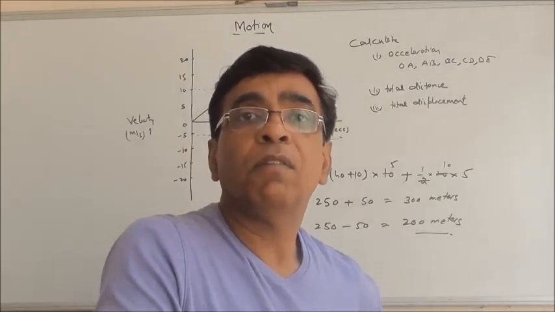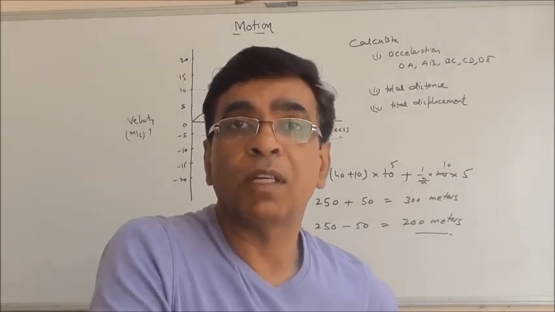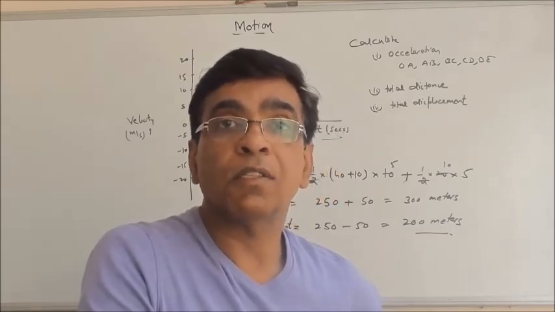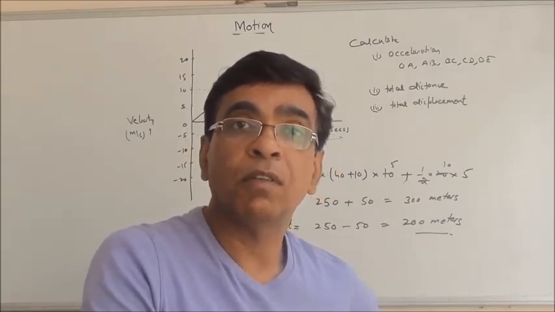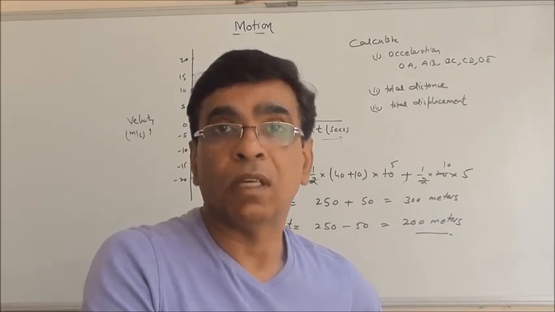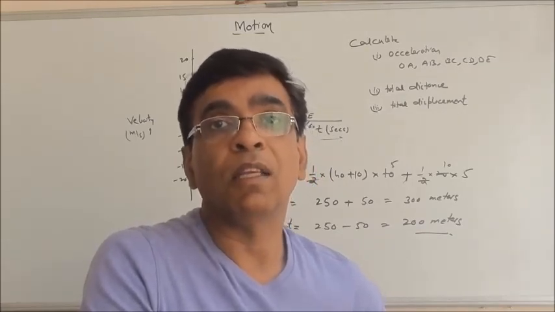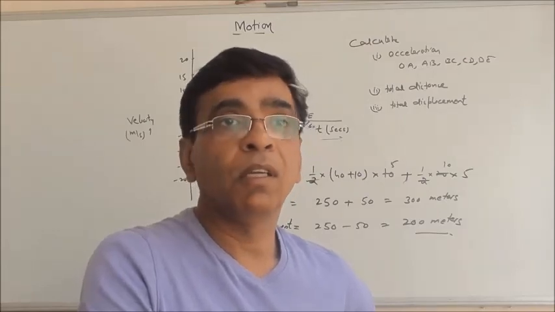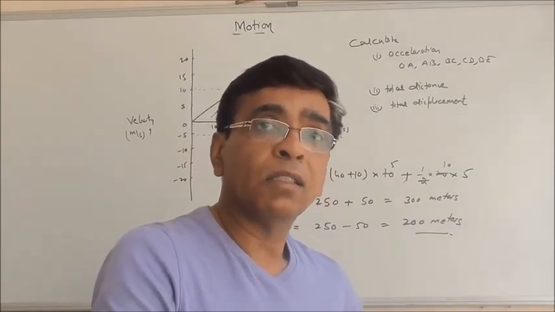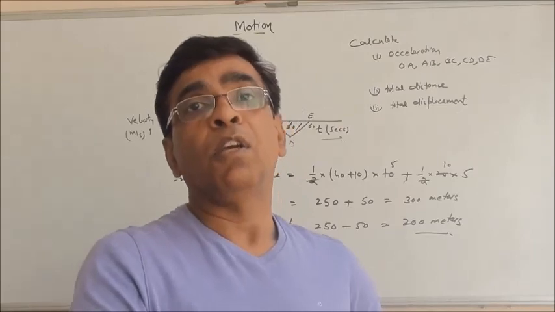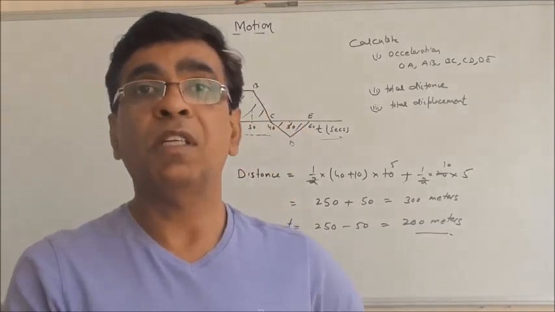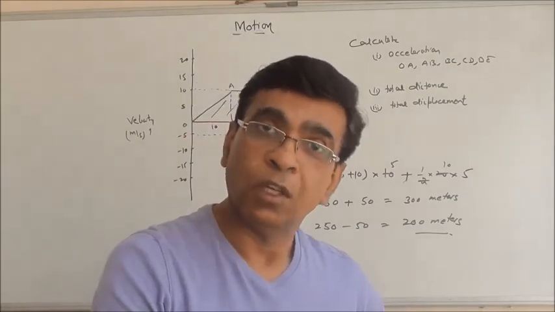For the speed-time graph, we can find the slope to get acceleration and the area to get the distance. For the velocity-time graph, the slope will give us the acceleration and the area will give us the displacement. So that's all from this topic, and in the next class I will take the equations of motion. We will use the velocity-time graph to derive those equations.